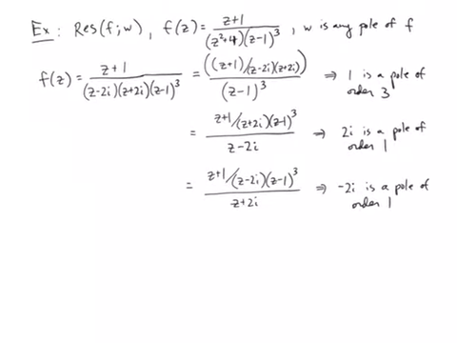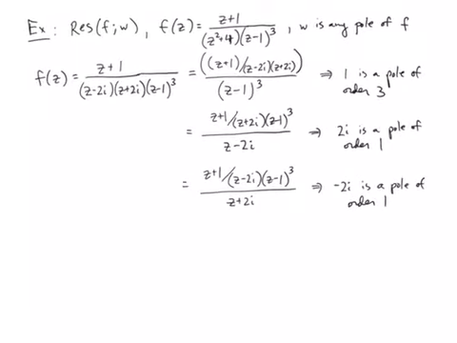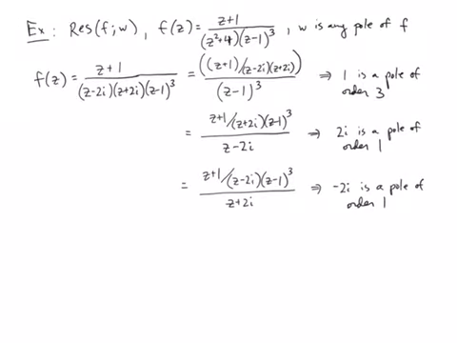And then, not only does this process tell us what our poles are and what order they have, but they're also instrumental to deducing what the residue is. Because for the pole 1, we just look at the form of our function up there. We have our k of z is equal to z plus 1 over z minus 2i times z plus 2i, which is, again, just from the original expression, z squared plus 4.